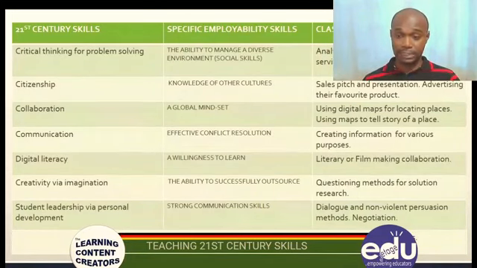Now, we look at specific employability skills. The skills in this column are what make you employable in the 21st century. So look at the ability to manage a diverse work environment. That's your social skills. How do you relate with people from different cultures, different religions, different tribes, because we have people that have a problem with that.